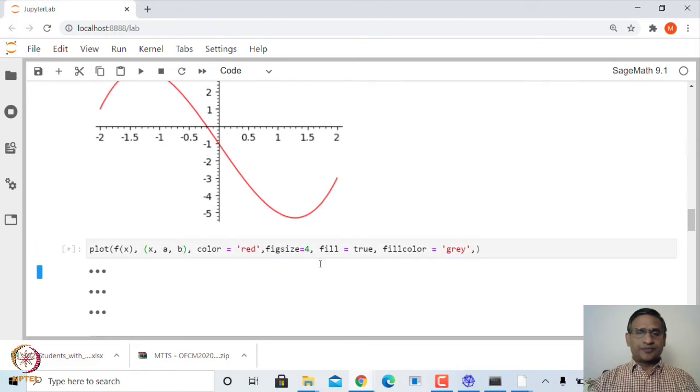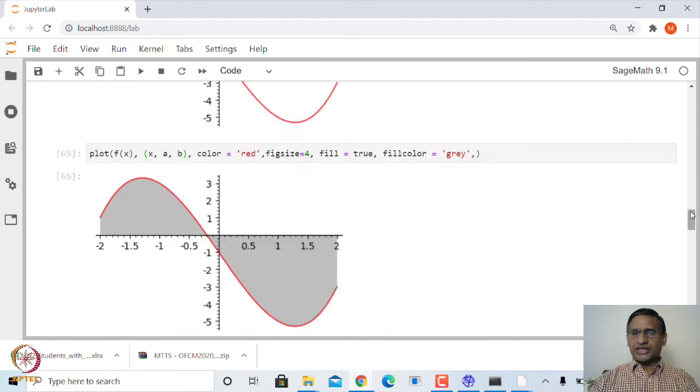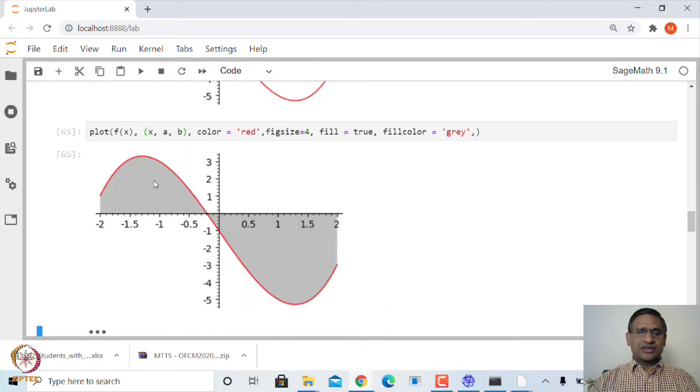If I try to shade this region, this is the signed area you need to find out. For example, here this will be the area under this curve, this will be the negative of the area under this curve, and when you add these two, this should give you the integral of this function from -2 to 2.